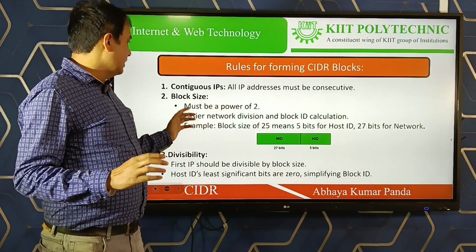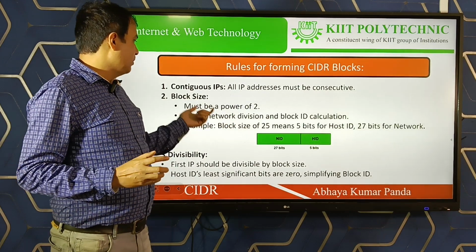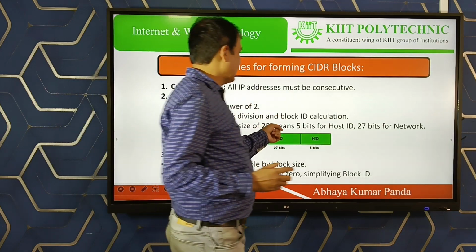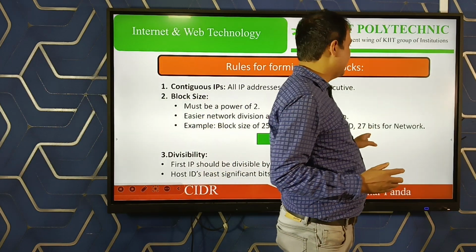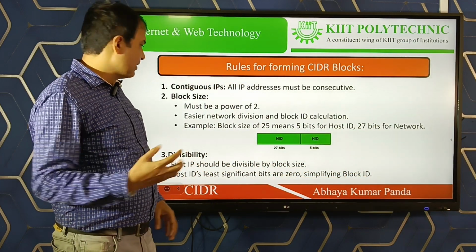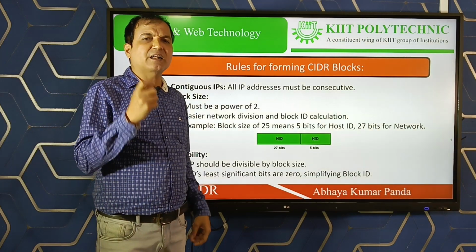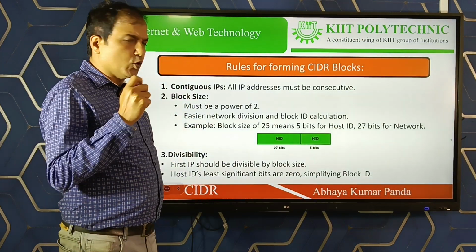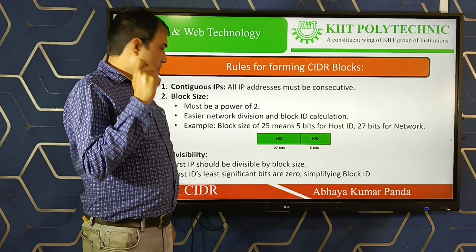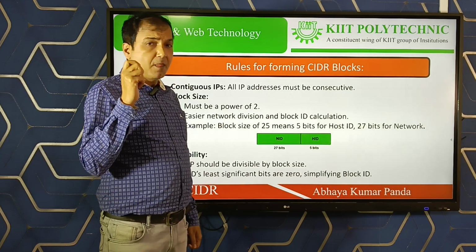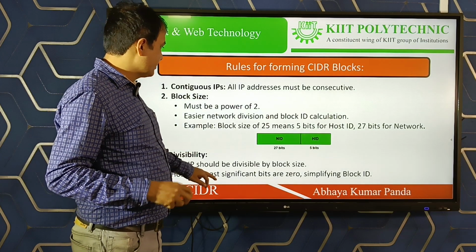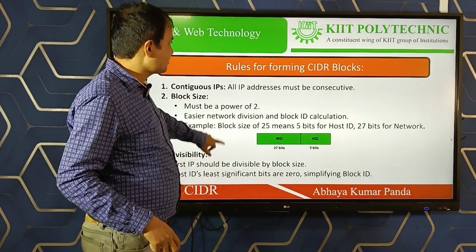For example, if the block size is 2^5, we take 5 bits for the host ID and 27 bits for the network ID. Third, the first IP address of the block should be divisible by the block size. These are the 3 rules.